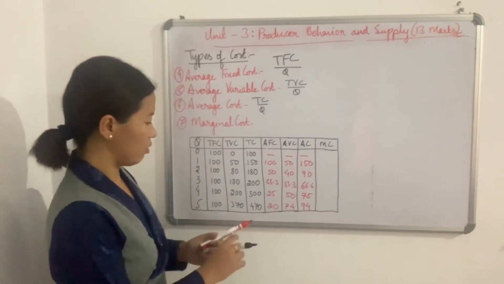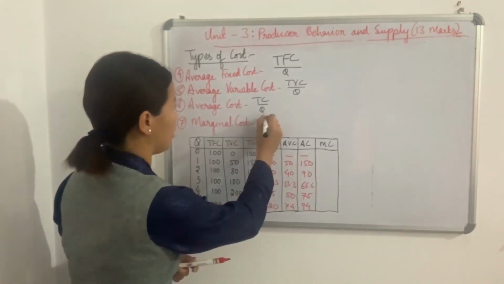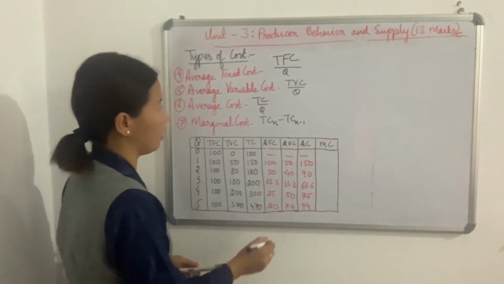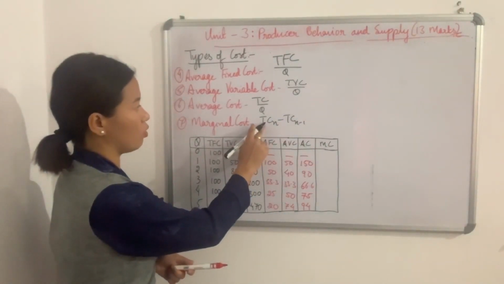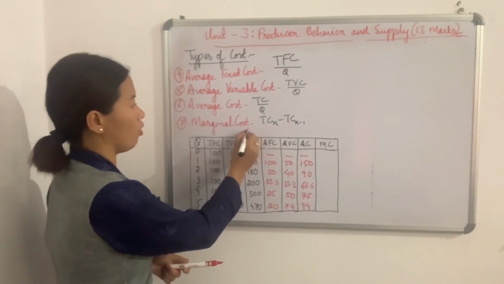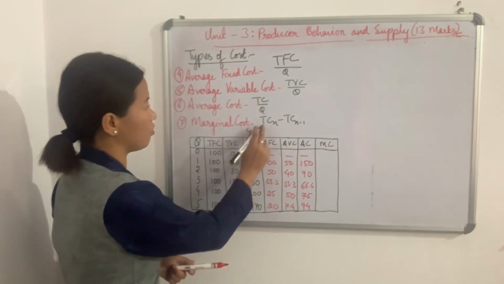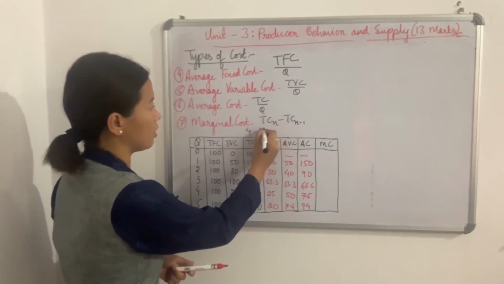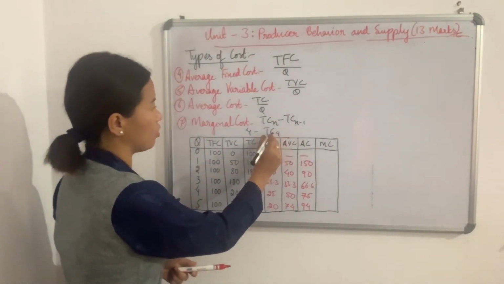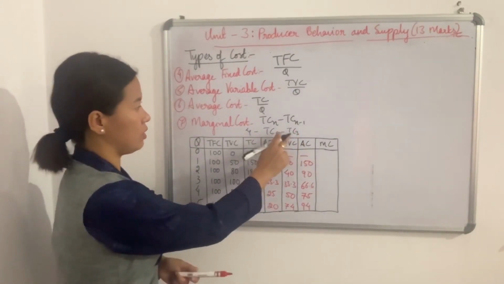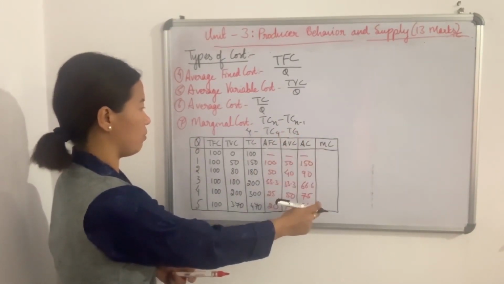So the marginal cost is TCn minus TCn minus 1. Suppose we are finding the marginal cost of the fourth unit. So we have to find marginal cost by deducting total cost 4 and total cost 3, TC4 and TC3.